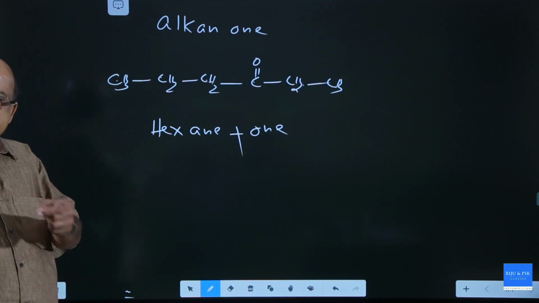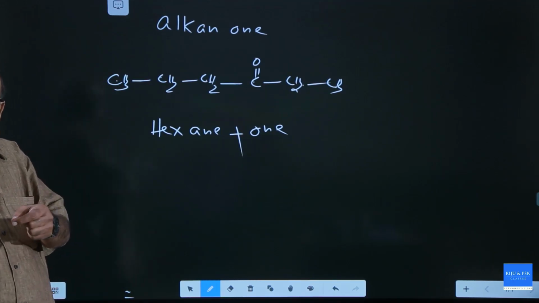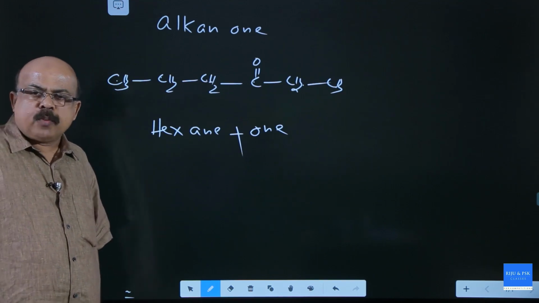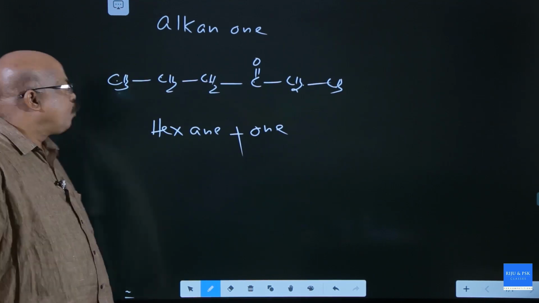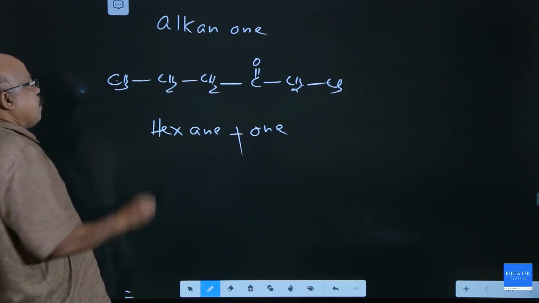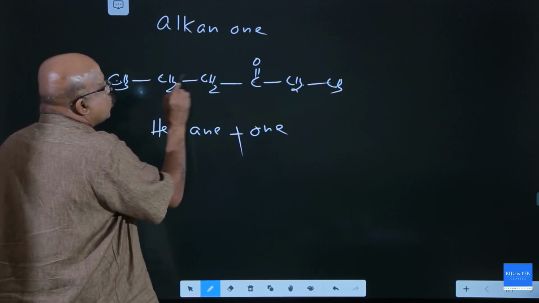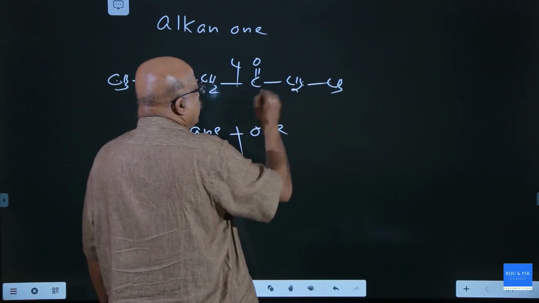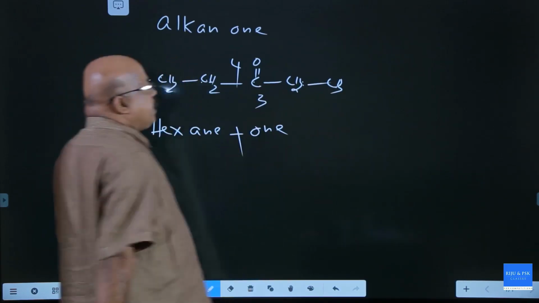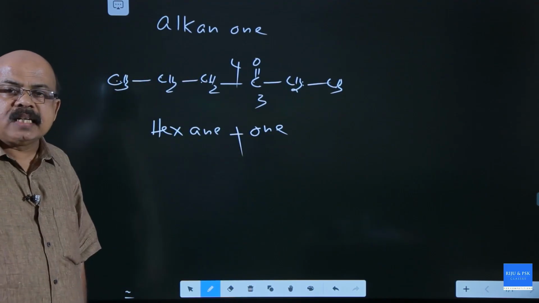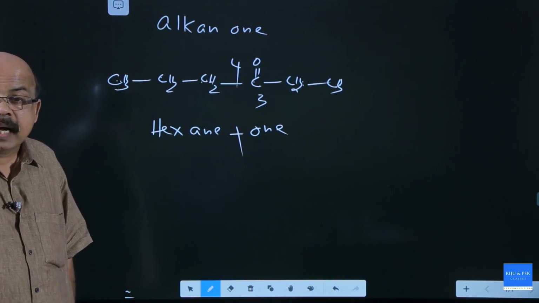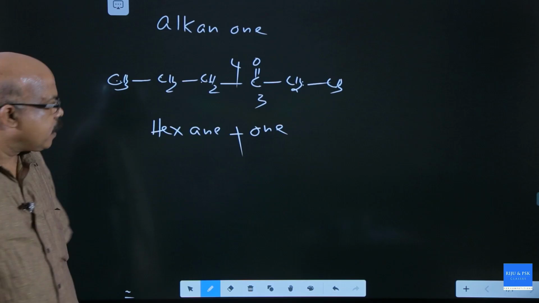Then you have to number the chain from one end to the other in order to specify the position of the CO group. It can be numbered from here 1, 2, 3 and 4. Numbering should be done from any one of the ends in such a way that the carbon atom of CO group gets the lowest possible number.